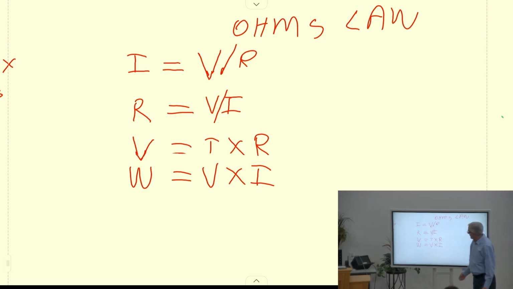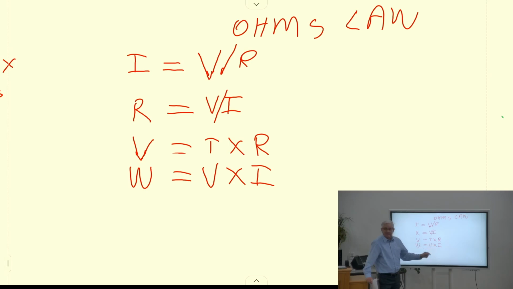Now, think about this equation for a moment in regard to the physics of our electrons. You see, remember, the voltage is a measurement of how much energy is in the electron. Current is a measurement of what? How many electrons are moving? That's correct. So the voltage is how much energy in each electron, and the current is how many electrons are moving.